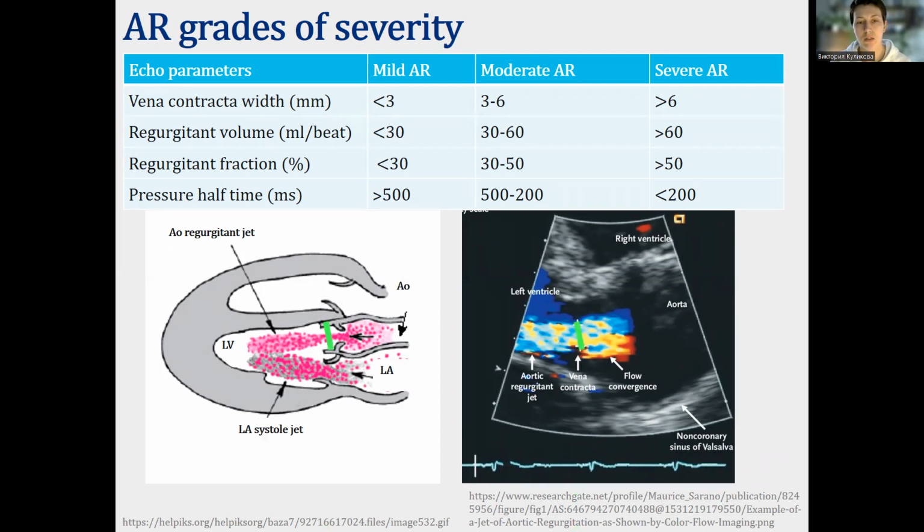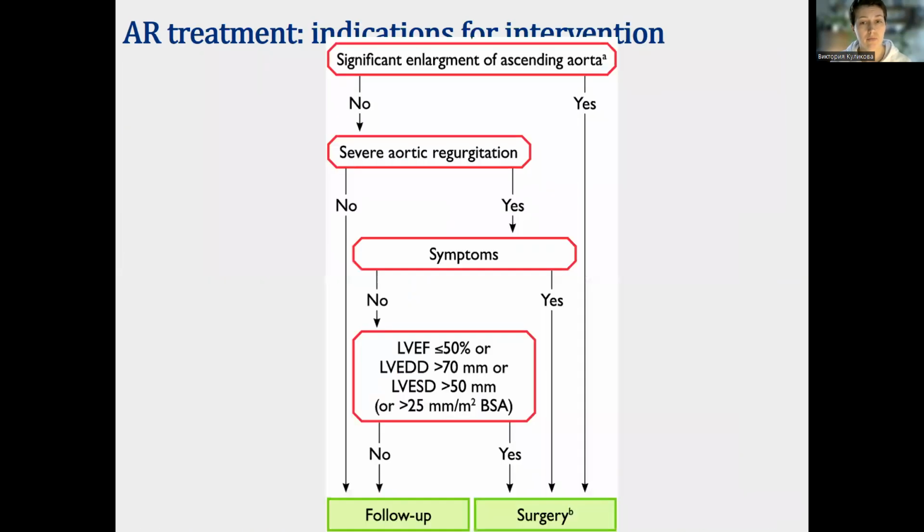So you can see it on the picture. It's the green lines on the picture. The wider the vena contracta is, the more severe the aortic regurgitation is. What are the indications for surgery in aortic regurgitation?